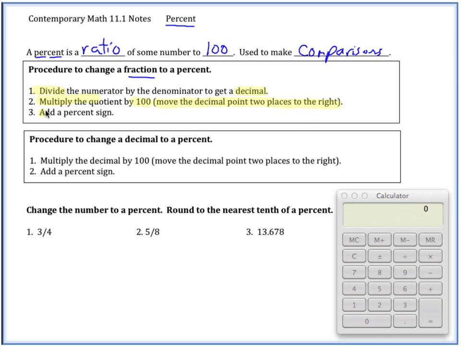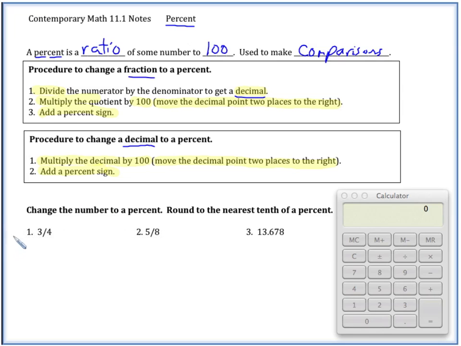After you do that, then you just add a percent sign, and then you have your percent. Now, in the next thing here, it says procedure to change a decimal to a percent. So notice here, you're already starting with a decimal. So the two steps are just multiply the decimal by 100, which is the same as moving the decimal point 2 places to the right, and then add a percent sign.